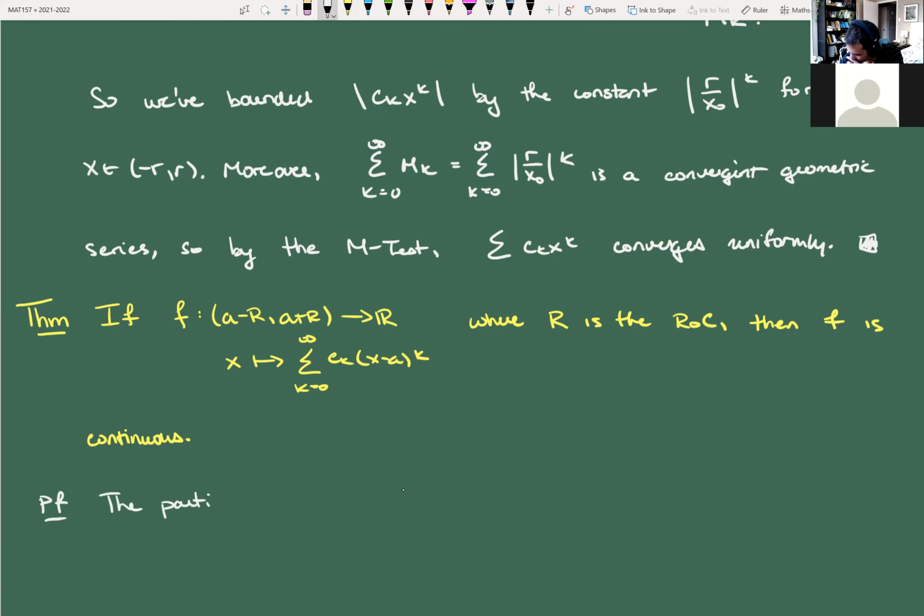So thus, if x naught is in a minus big R, a plus big R, choose little r so that x is in a minus little r, a plus r, and now f is continuous at x.